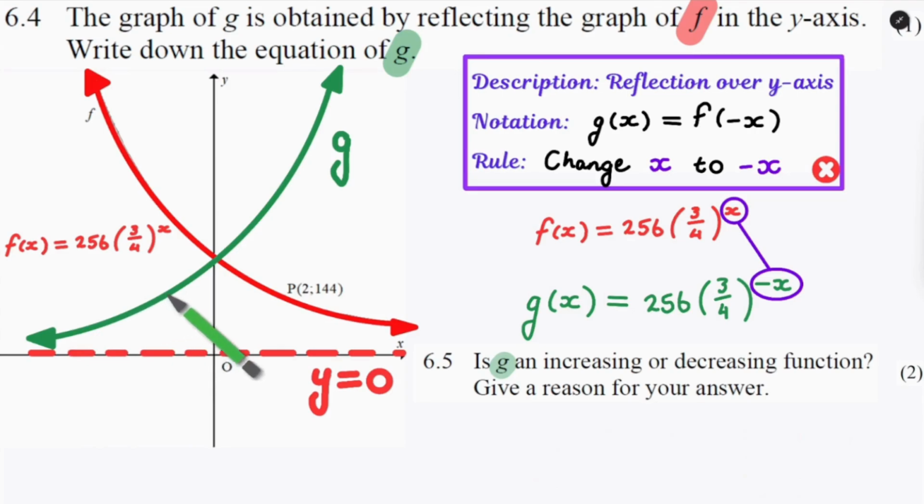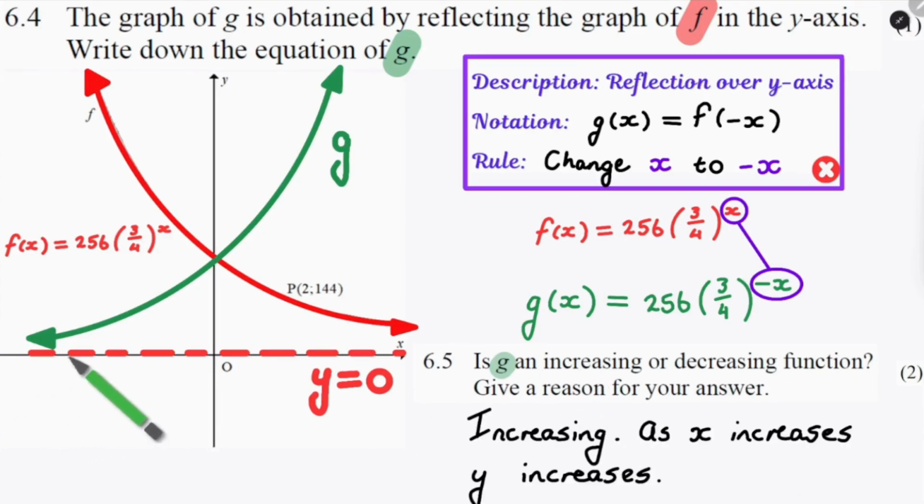If we're driving a car, we're going uphill. So it's definitely an increasing function, and if we had to give a reason, as your x value increases, your y value also increases. And your 1 mark in this question just comes from the correct equation for g of x, and your 2 marks in this question come from the word increasing as well as the correct explanation.